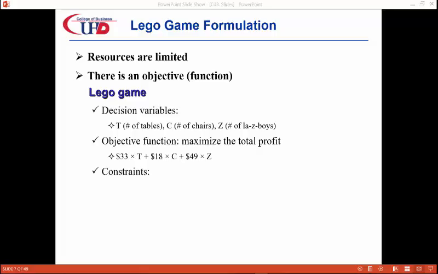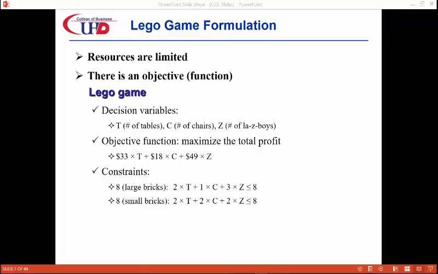Third, we need to configure the set of constraints. First of all, we have 8 large blocks. So our production plan cannot consume more than 8 large blocks. We know each table requires 2 large blocks, each chair 1, and each lazy boy 3. So based on different numbers of tables, chairs, and lazy boys, we can calculate the total number of large blocks used, which must be no larger than 8.